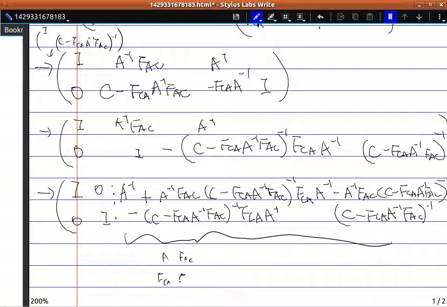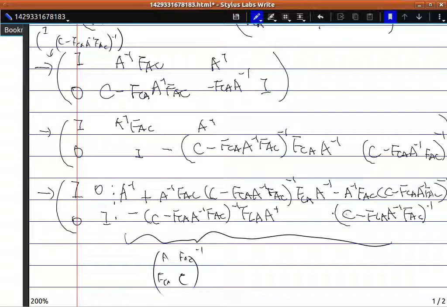Therefore, this guy, as what we want, is actually equal to, although it's a little bit ugly, A FAC FCA C inverse. What is interesting here is that we kind of expect this guy to be symmetric, right? Because this has a symmetric form here, in the sense that A, C looks like it has a certain symmetry. But what we got here does not have a symmetric form.